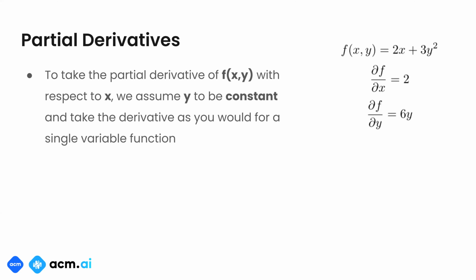Can anyone tell me what the derivative of this term is with respect to y? Shout it out. Yes, very good, 0. Now this term: x squared, exactly. This is a tricky one.